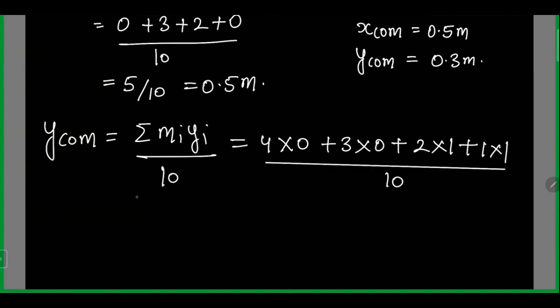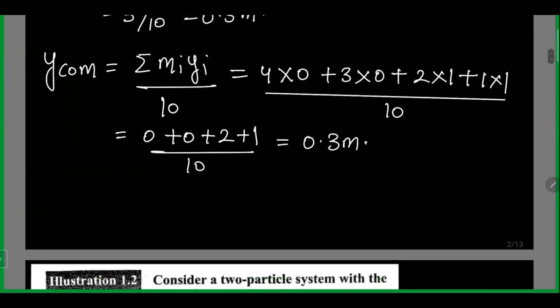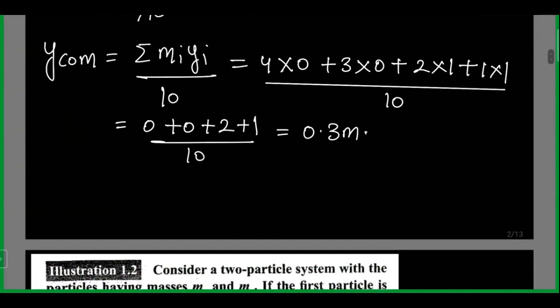If you solve this, you get 0 plus 0 plus 2 plus 1 divided by 10, which is 3 by 10, which is 0.3 meters. So your x center of mass is 0.5 and your y center of mass is 0.3.